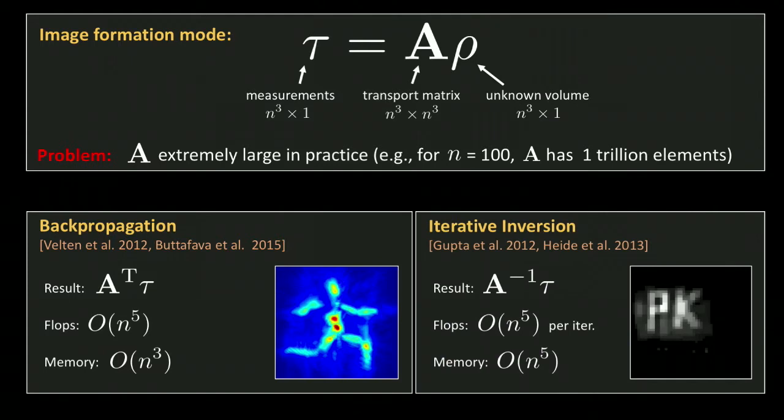Another solution is to try to simply do your best. Essentially, you either reduce the resolution of the volume or measurements that you're working with, and then you invert the system. And the challenge in both cases is that it requires a huge amount of computation. For example, this can take on the order of tens of minutes. On the right, it can take on the order of hours to compute a solution.